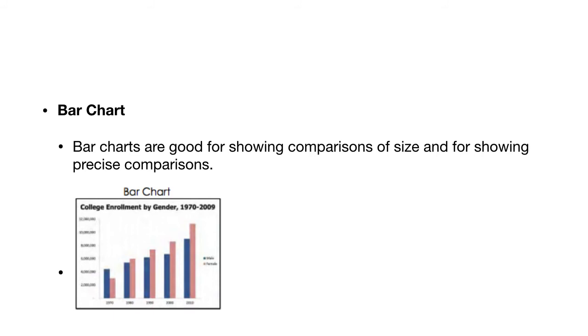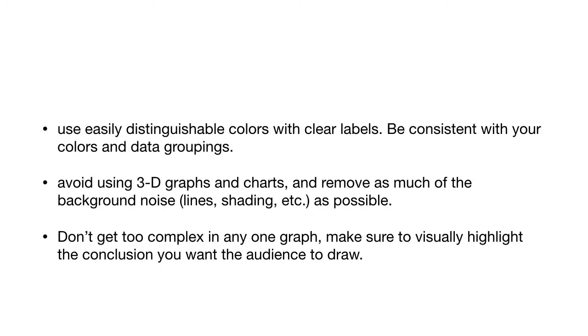It's good for showing comparison of sizes and for showing precise comparison. When designing charts, one should use easily distinguishable colors with clear labels and data groupings. So you need to be consistent with your color and data grouping when you design your bar chart, your bar graph.